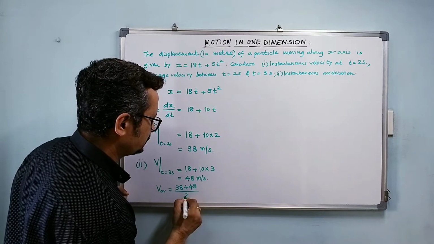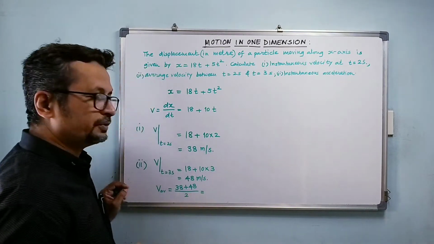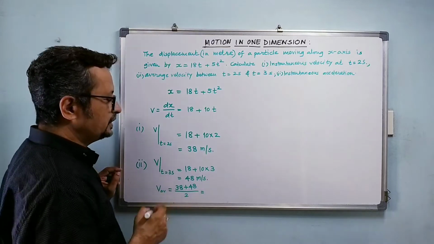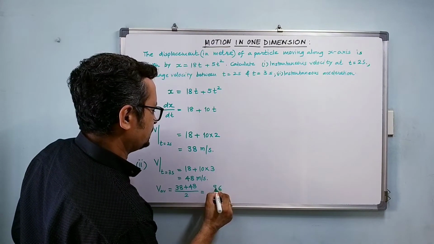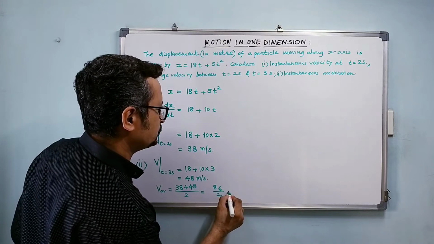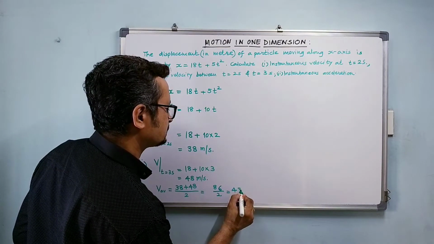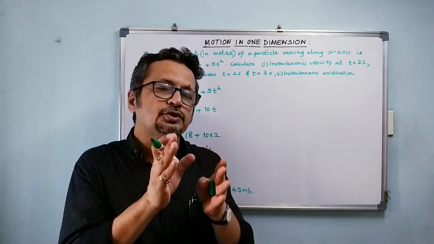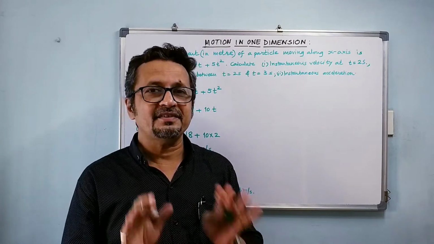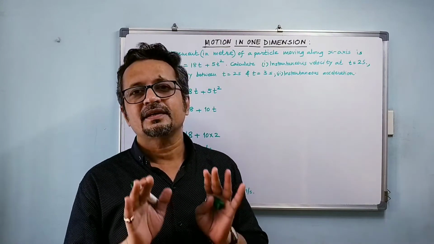So my average velocity V average equals 38 plus 48 upon 2. How much is 38 plus 48? It would be 86 upon 2, that is 43 meters per second. Right? So I have got the average velocity, but now I want to confirm whether it really is the correct answer.